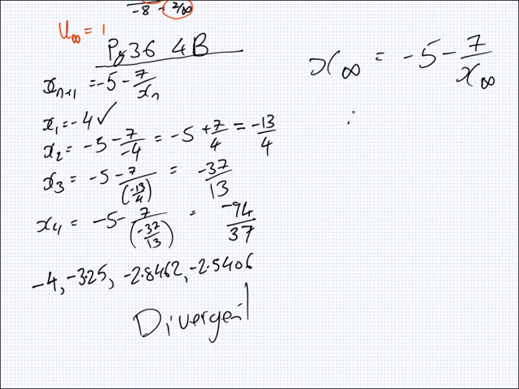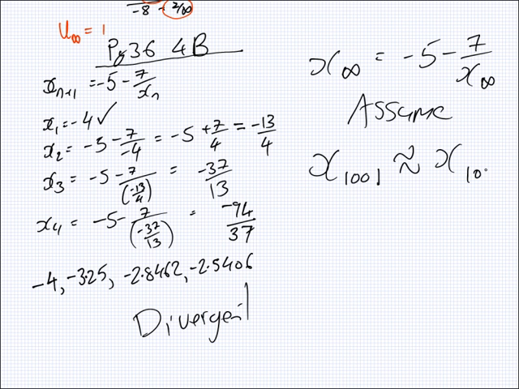What we're actually assuming here is that neighbouring terms will be similar. Like, x 1001 would be roughly equal to x 1000. Now, why might that assumption be wrong? Well, as we were looking at the sequence, what's happening to it? It's jumping around. So we're probably wrong in this assumption, but let's see what happens anyway.